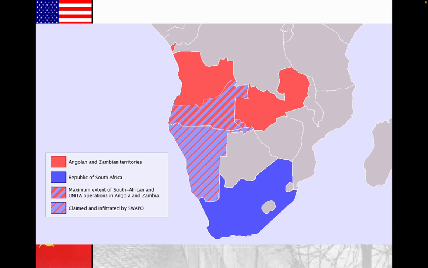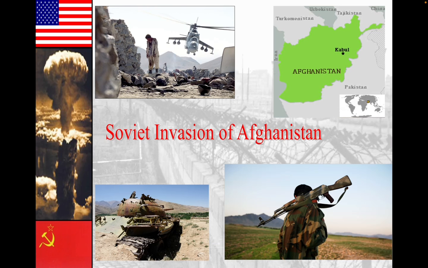Now, during the 70s, we do see communist revolts in sub-Saharan Africa. And right at the very end of the 70s, the Soviet Union decides to invade Afghanistan. So, during the 60s, we see the change in the development of the flexible response and moving away from nuclear weapons.